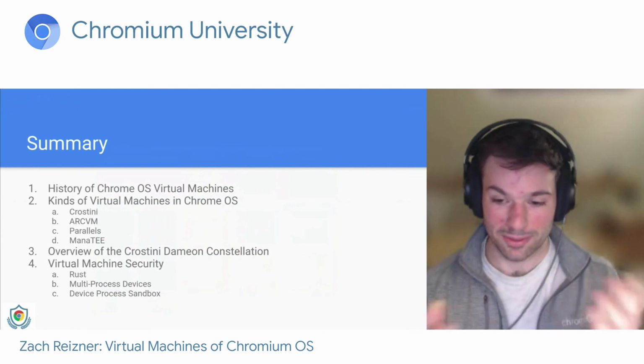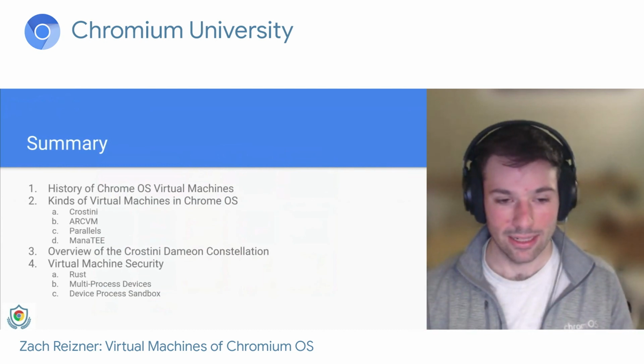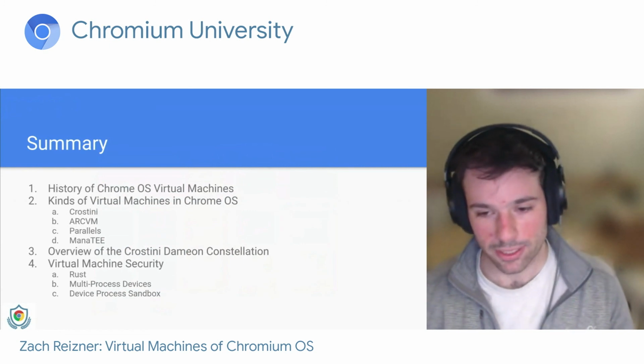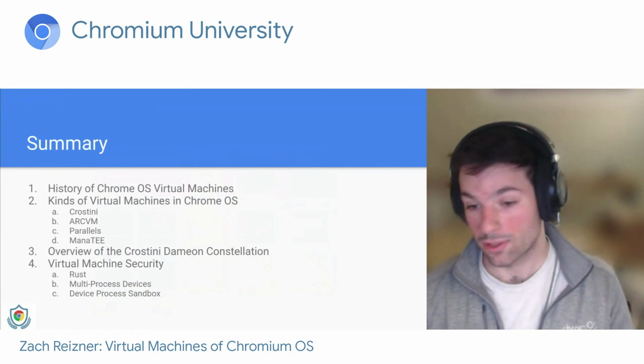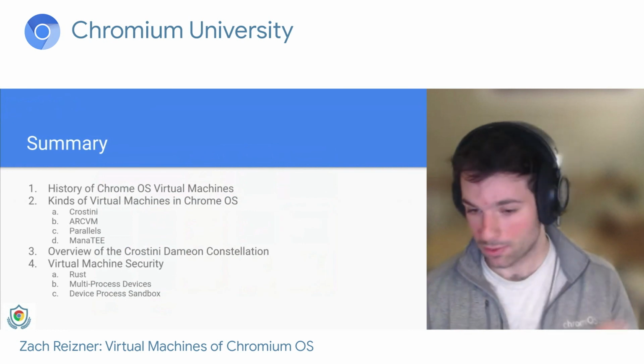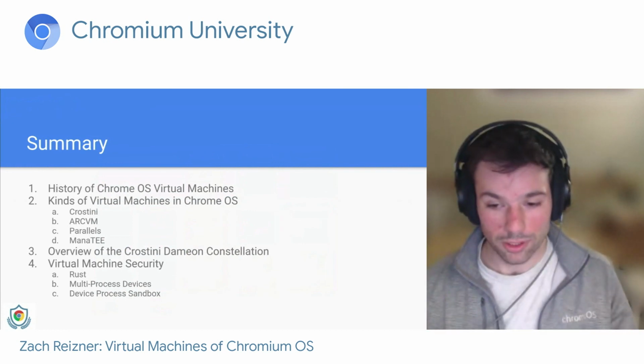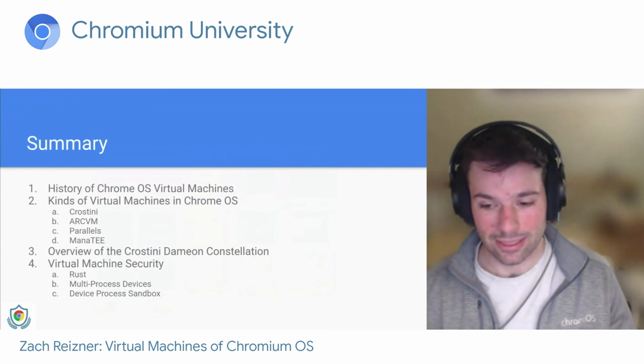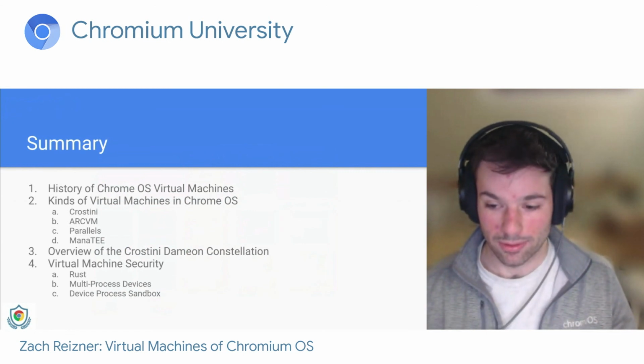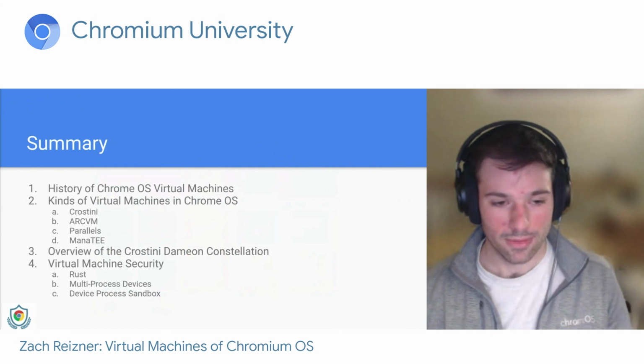And we've sort of just been expanding the use cases ever since then. We explored the kinds of virtual machines on Chrome OS, starting from the original Crostini use case, which was just Linux on Chromebooks, to ArcVM, which allows us to have more secure, more easily developed Android environments for Chrome OS.